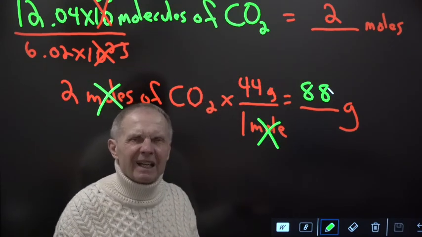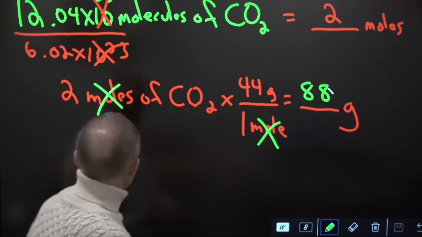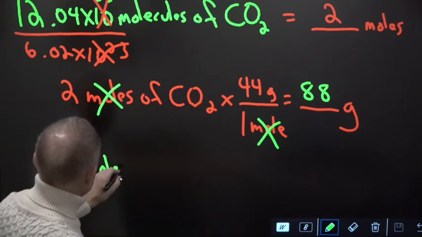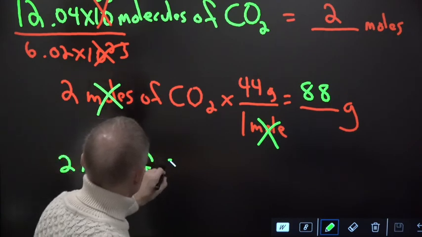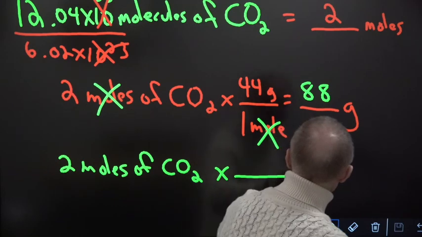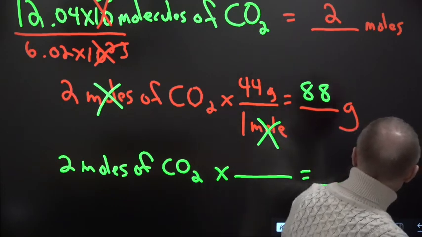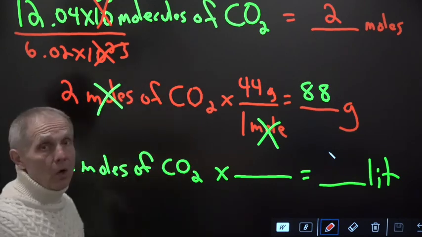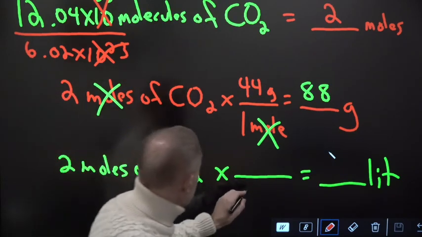Now let's see how many liters that would be. So all I do is this again: 2 moles of CO2, times blank equals blank liters. I want to get out of moles. Whatever you want to get out of goes on the bottom, 1 mole.